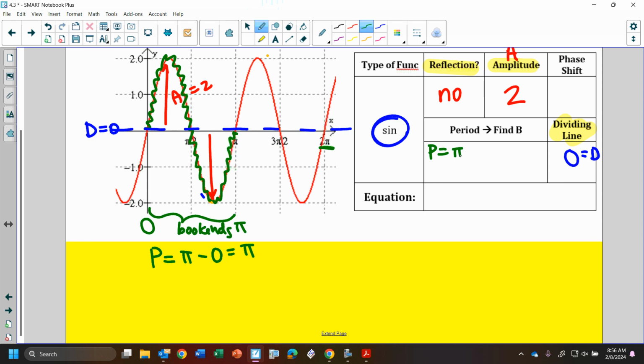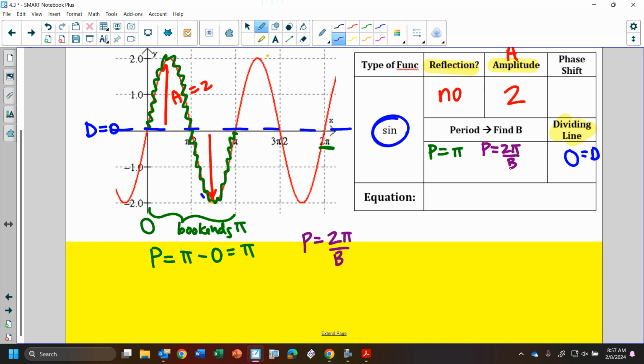Does that pi just go into the equation? Is that the B value? No. What do I need to use? What formula is there that I can use? 2 pi over B. You can do this in this box here if you have enough space. We're going to use that period to find our B value.